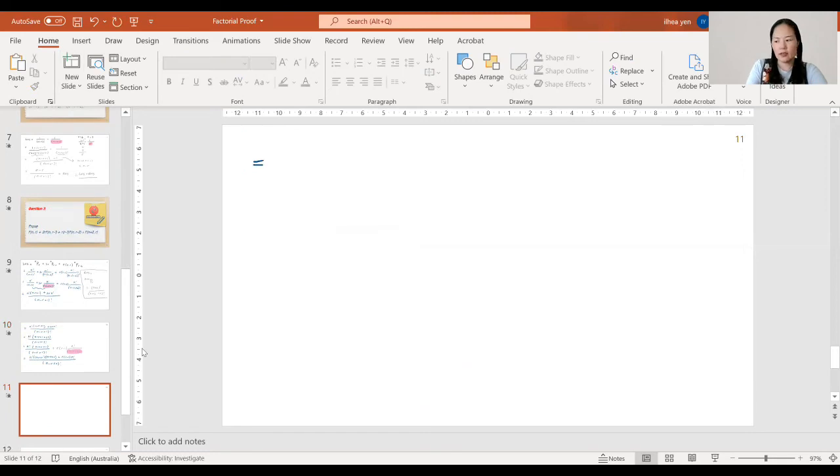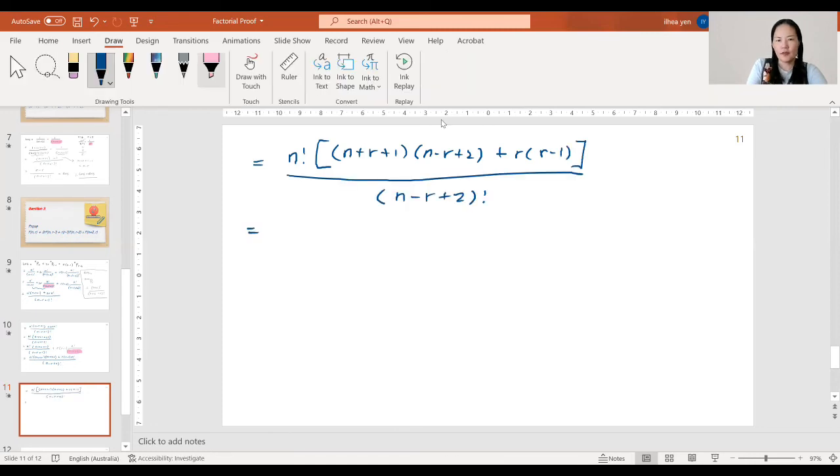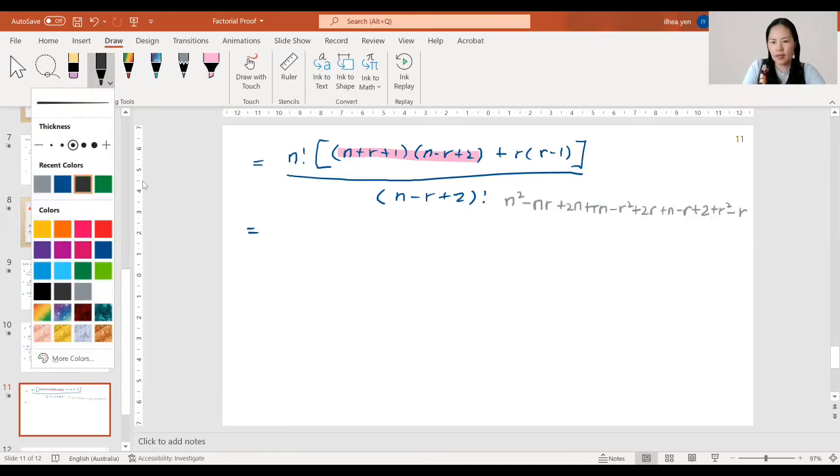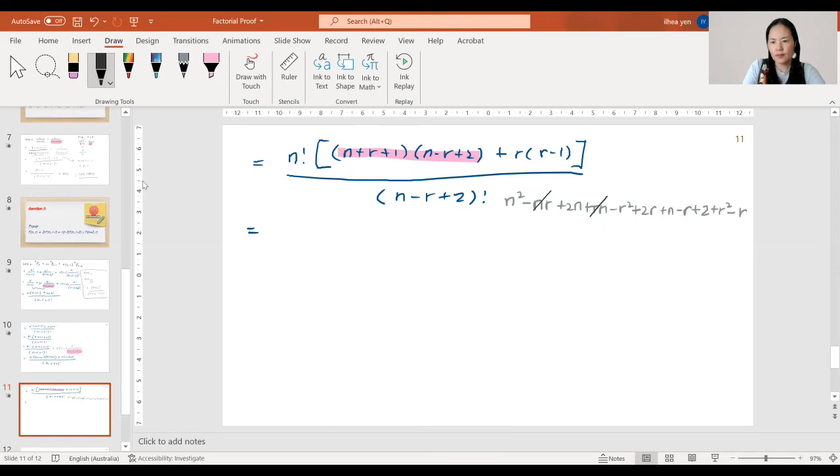So what I've got now here, I'm taking the n factorial out as my common factor. So what I've got left is plus r. If I expand this, let's see if I can cancel all this. Yes, I can cancel them.